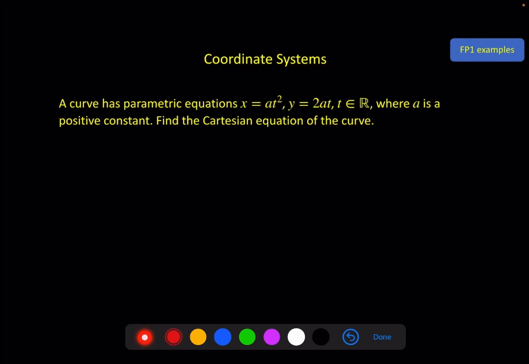So this example is quite easy, because in order to rearrange and substitute, we can turn t into the subject of this formula quite easily, just by dividing everything by 2a. And then we can substitute this for t in the x equals at squared formula.